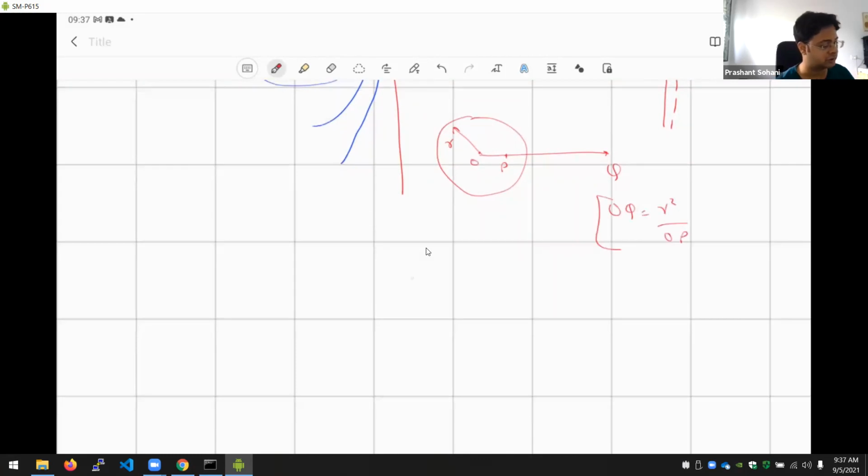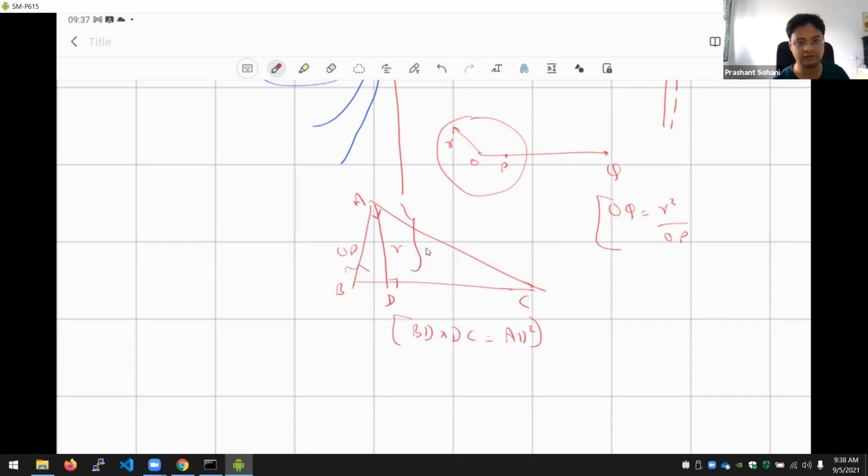One way to do that is, I can always use as reference our standard Pythagorean triangle. In this diagram, if I call these points A, B, C, D, then BD into DC equal to AD square. So I can draw this diagram on the side. I know the altitude AD, so this has to be equal to R. And then one of the sides has to be equal to OP, for example.